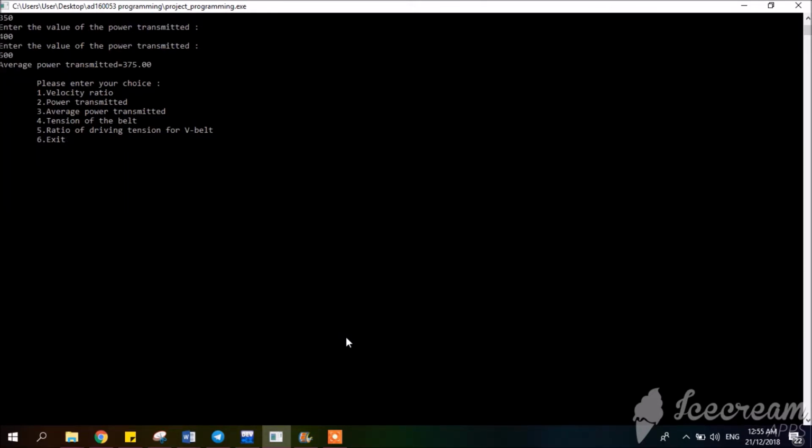We go to choice number 4, which is tension of the belt. The user needs to enter number 4 to calculate the tension of the belt. In this function, I use if else.